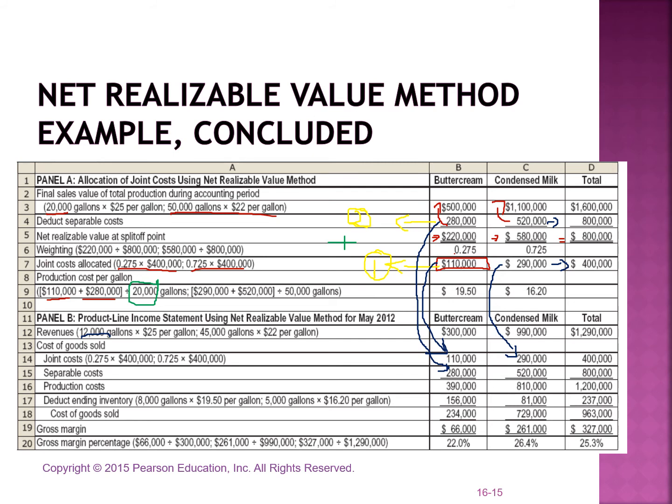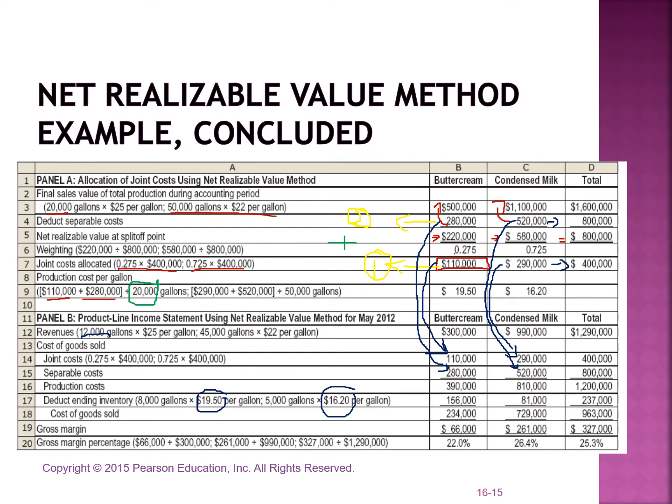This is here. Actually, 420 will be there. Okay. So I will deduct the ending inventory, which is 8 gallons multiplied by 19.5, and the 5,000 by 16.20 in order to get the cost of goods sold.